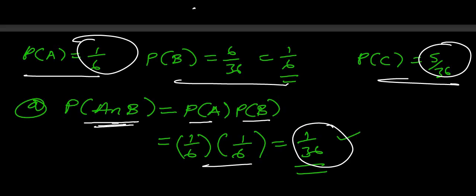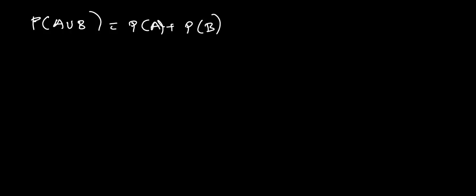Whenever it's a union, remember if there are two of them, A union B, we said it's going to be the probability of A plus the probability of B, then minus the intersection, because we don't want to repeat things. Now what if there are three of them? We extend the same thing.